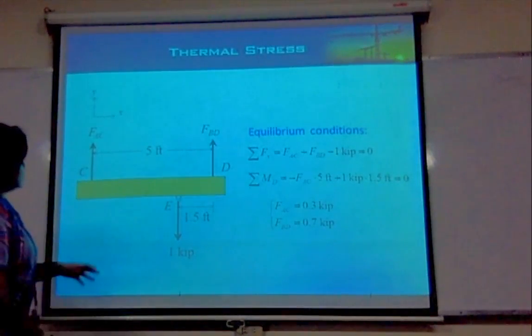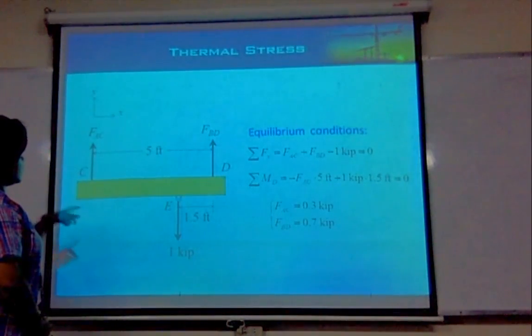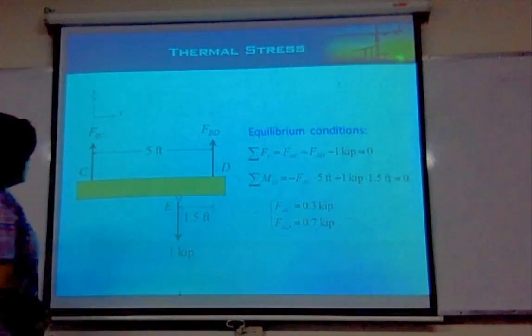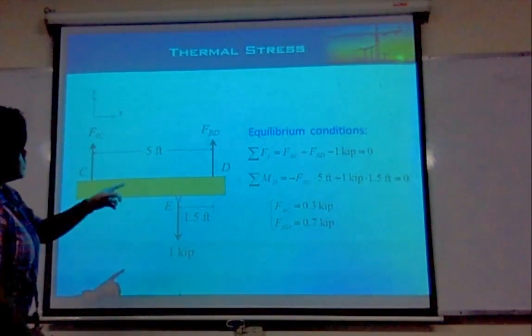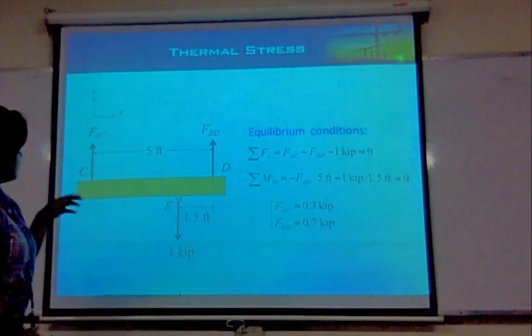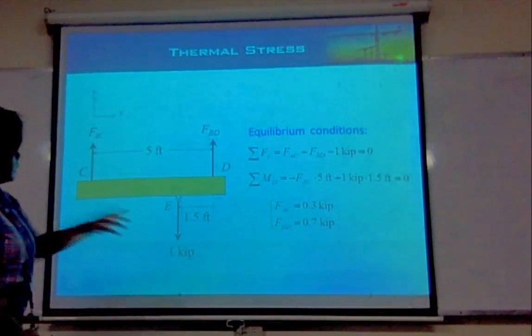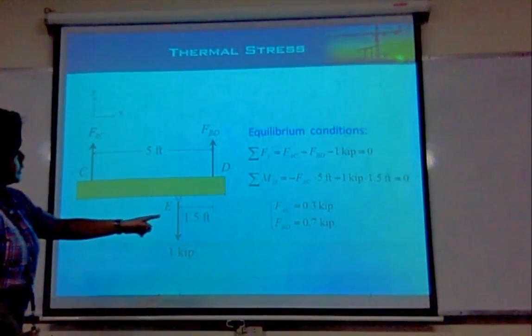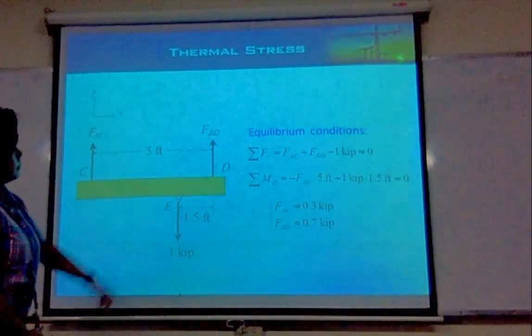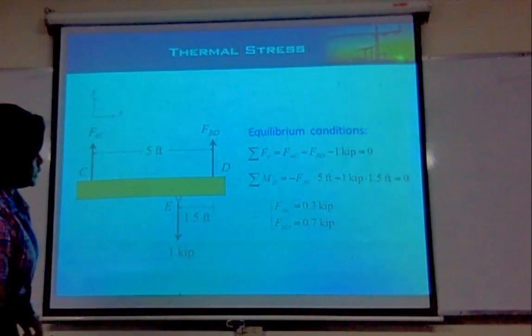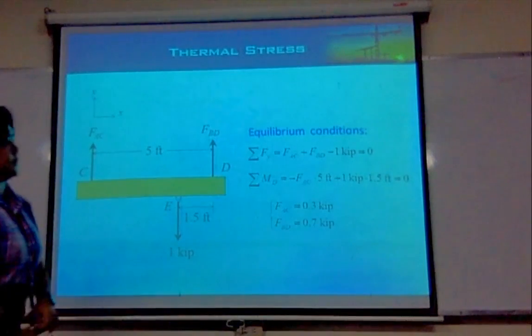To get that, we have to get the forces acting on each rod by summation of the vertical forces equals 0. In the moment at B, we can get the forces at AC and BD, which is 0.8 and 0.7.